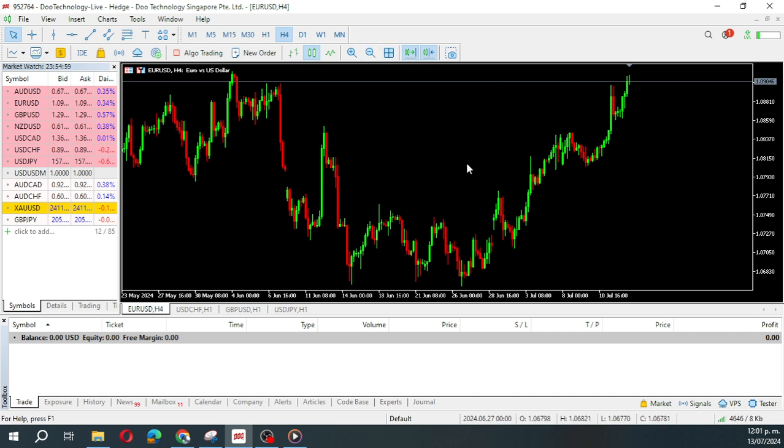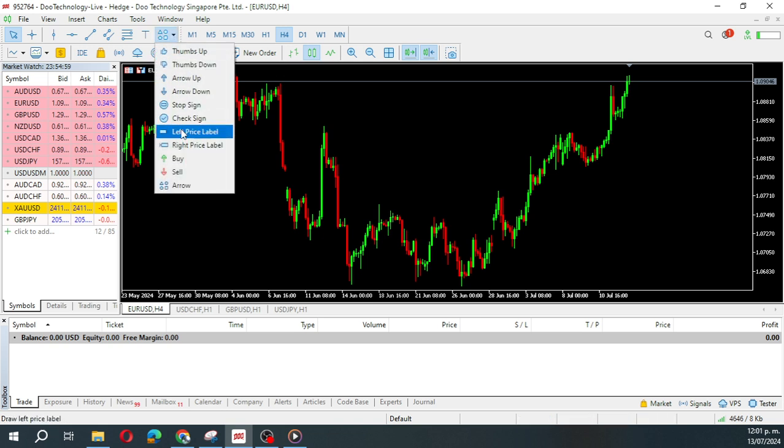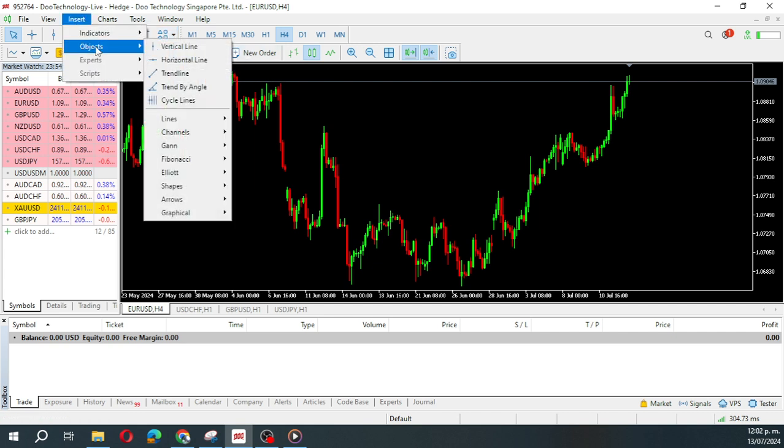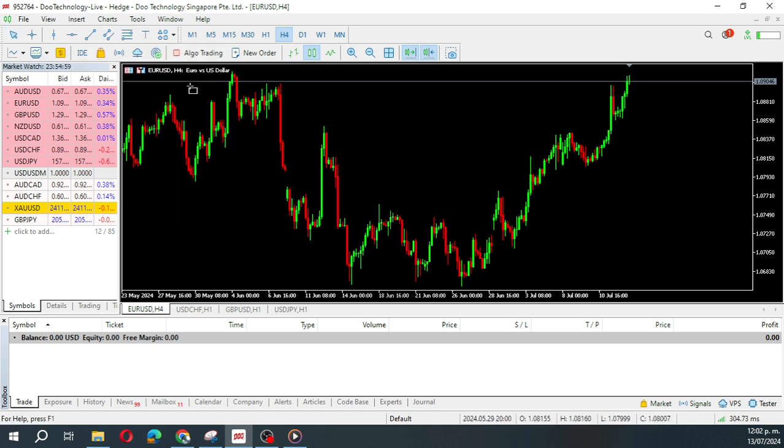So I recommend showing the graphic something like this, and maybe drawing. I will draw. Okay, I want to draw. Let's go to insert objects, lines, channel, shades, maybe shades. Okay, a rectangle. This is the resistance area.